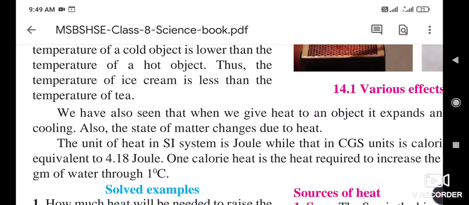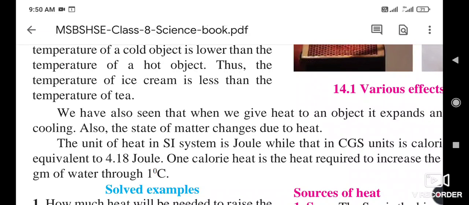Also, the state of matter changes due to heat, as we saw with the states of a substance: when we give heat to water, it evaporates and gains a gaseous state.